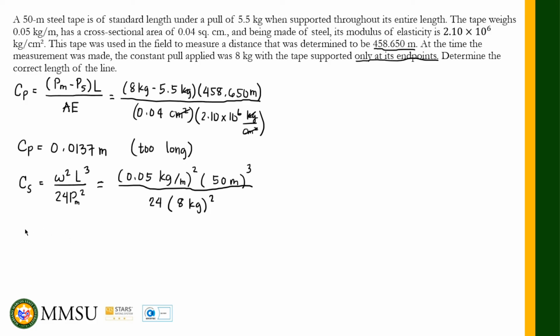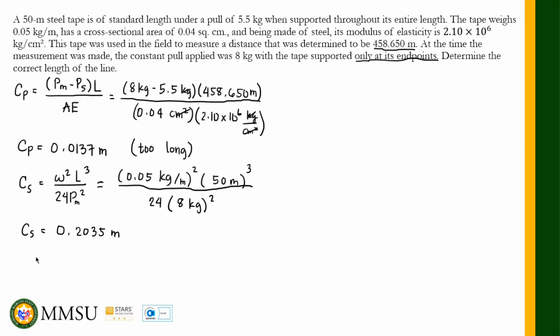Using our calculator, 0.05 squared times 50 cubed divided by 24 times 8 squared gives 0.2035 meters. Now this is only for one tape length.